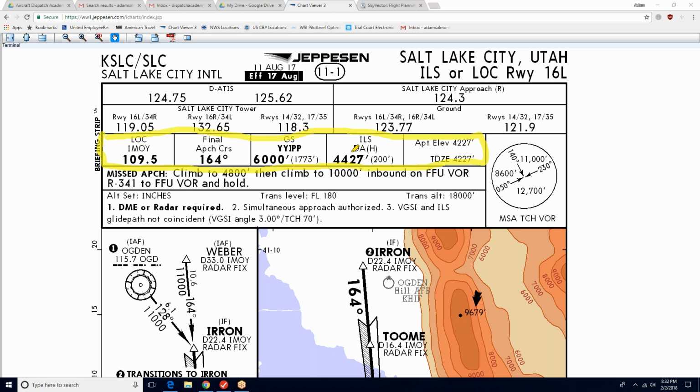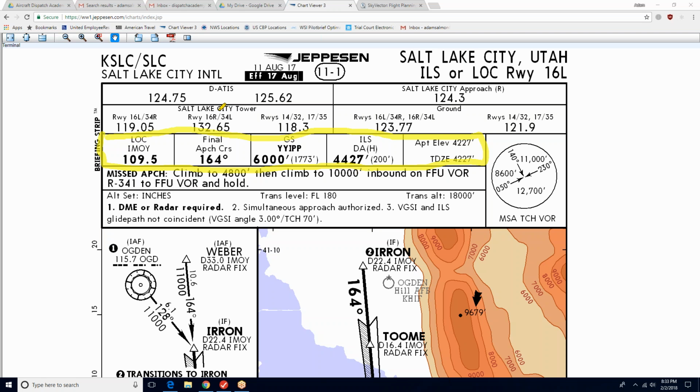This part right here is the glide slope intercept. So when we're talking about precision approaches, these are the ones that have both the vertical and the horizontal guidance.